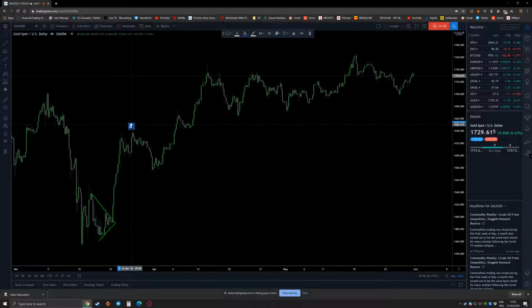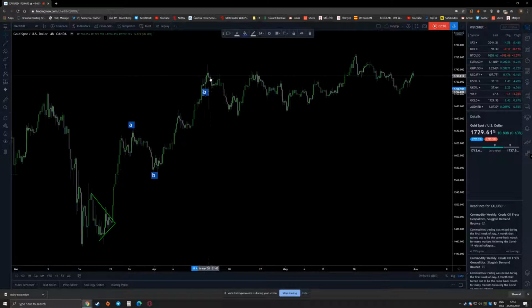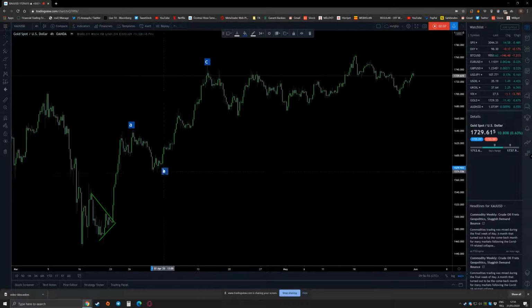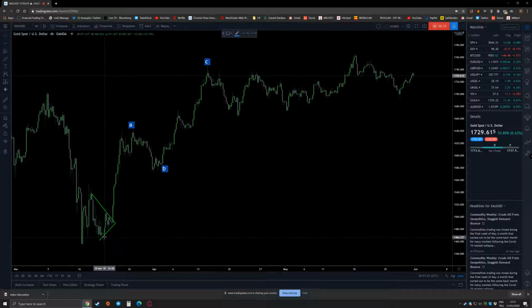It can be somewhere here or here, and we should investigate more about it, but just for the sake of doing it now, I'll do it like this. Okay, so now we have a very good zigzag pattern.